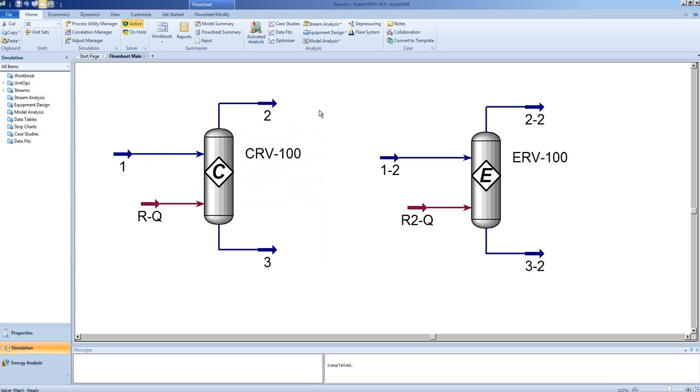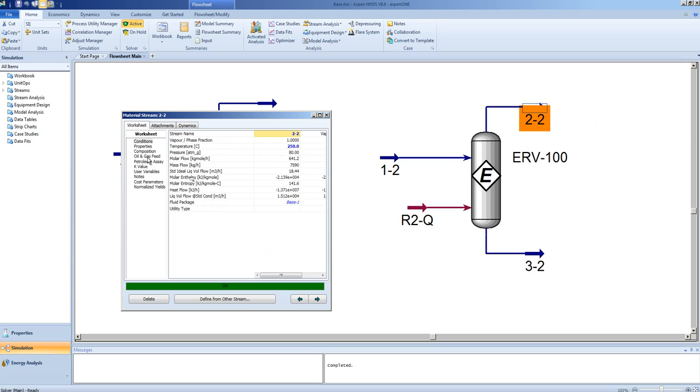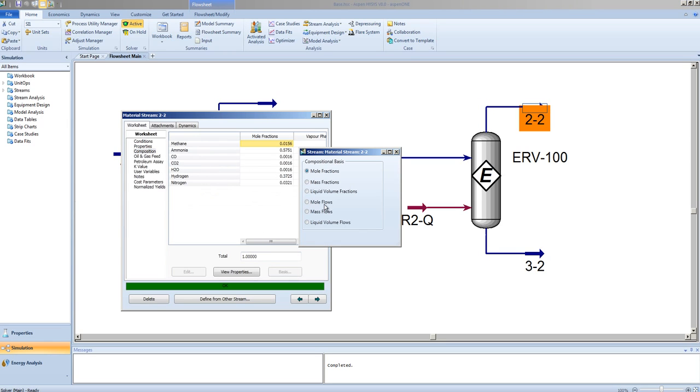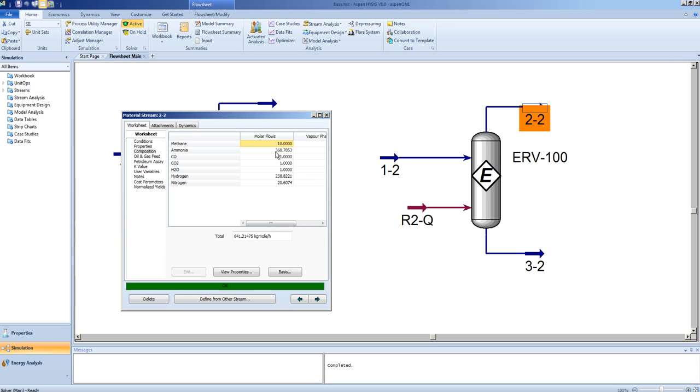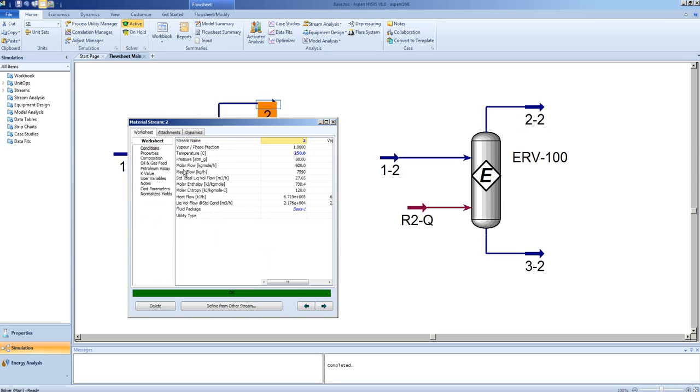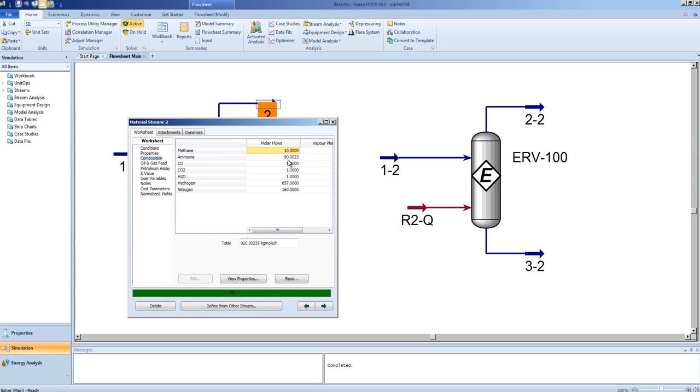Let's look at the molar flow of stream 2-2. Here we can see the ammonia production is 368.78 as opposed to 90 kilogram moles.